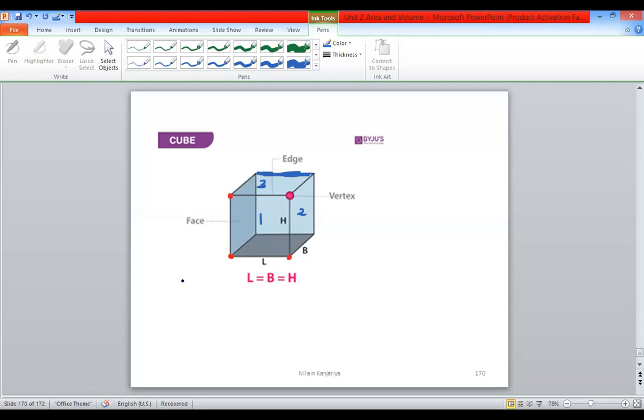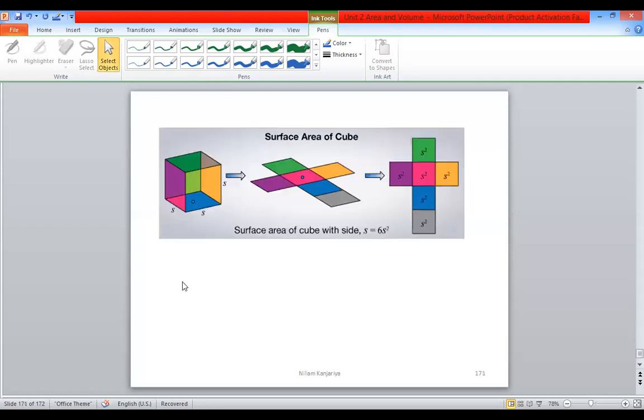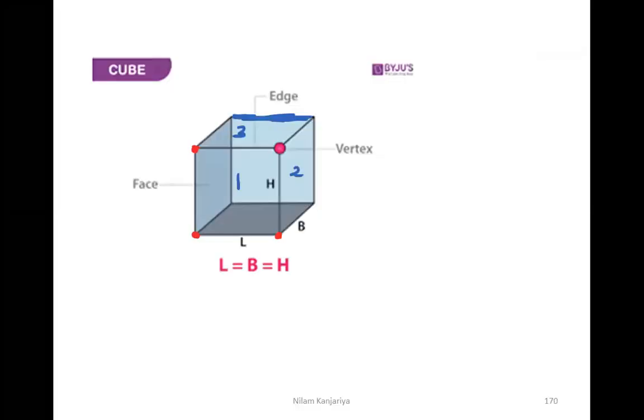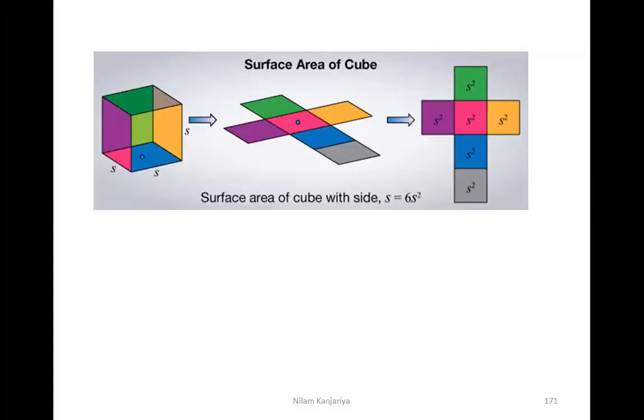So first of all, we discuss the two formulas. This is your cube. If I open the cube, look, it has 6 sides. If you have a cube, open it and you will get 6 sides. All sides are equal, so a side is denoted by S. I want to find the surface area.